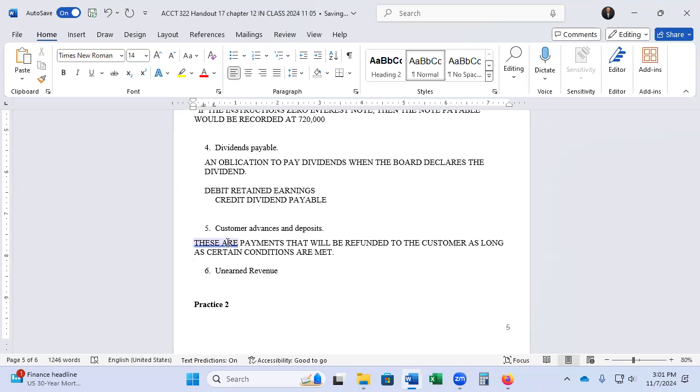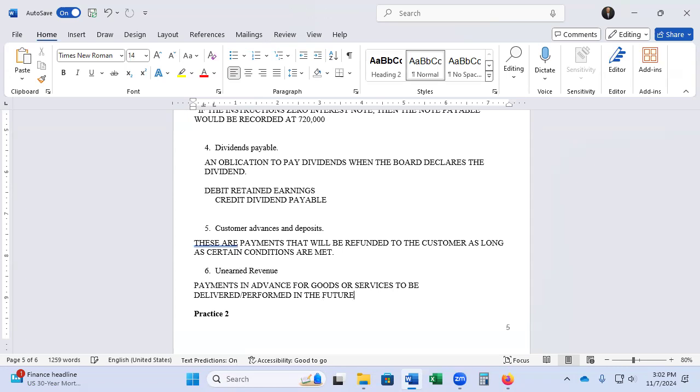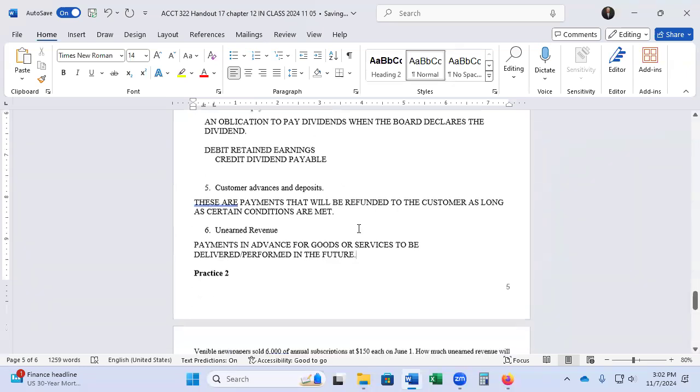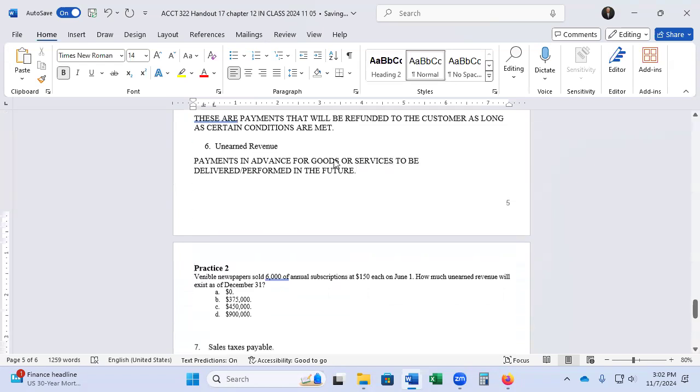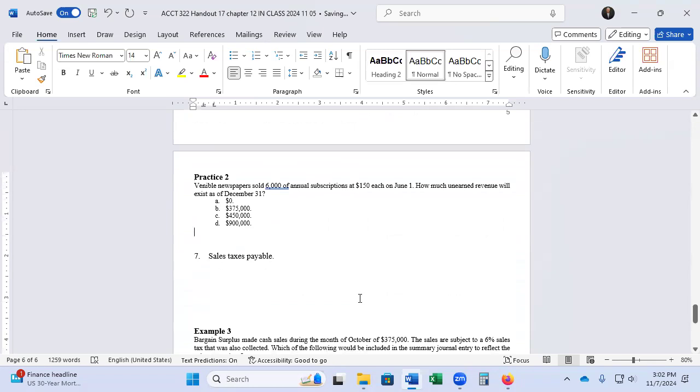That's different than unearned revenue, which is payments in advance for goods or services to be delivered or performed in a future period. The future sounds right because it doesn't necessarily mean it's outside of a year.